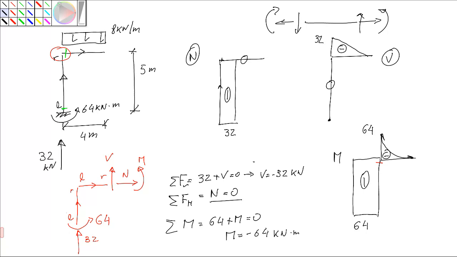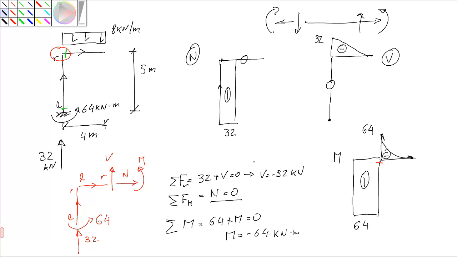Done. So if I look at sum of vertical forces, I get 32 plus V equal to 0, so V equals minus 32. Sum of horizontal forces, I have nothing here, so I get N, which must be 0.